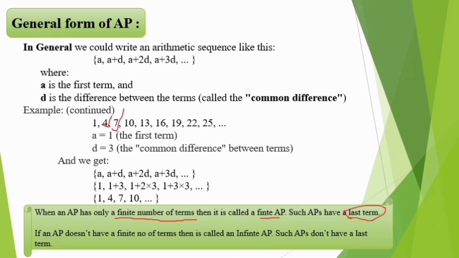And if an AP doesn't have a finite number of terms, then it is called an infinite AP. Such APs don't have a last term. It continues endlessly, and we don't know any end point or end term. So such an arithmetic progression we call an infinite AP.